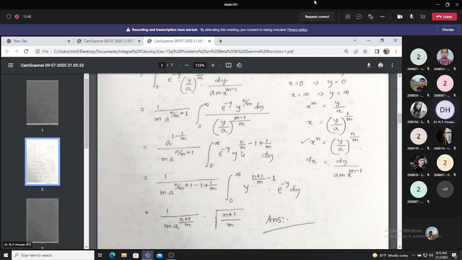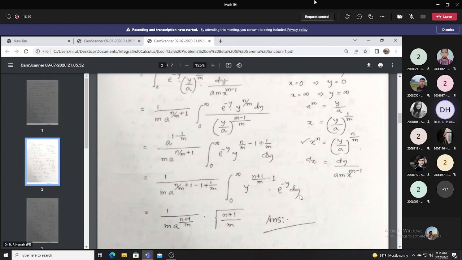So this comes as the power of y. So ultimately there is a minus 1 and we just add this n by m plus 1 by m. That means n plus 1 divided by m. The power of y is n plus 1 divided by m minus 1 into e to the power minus y dy.